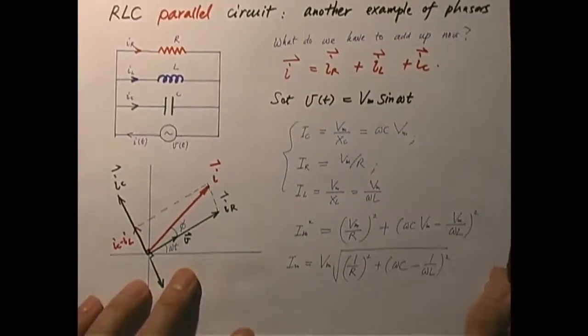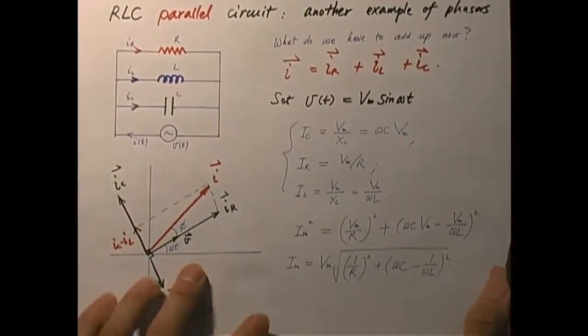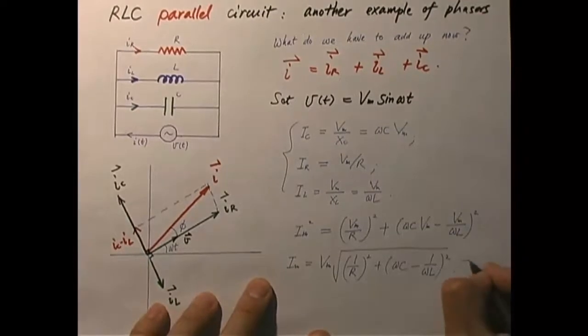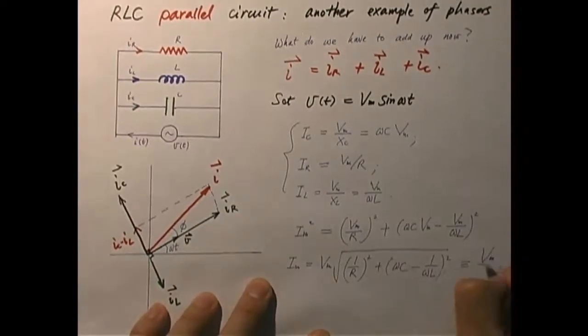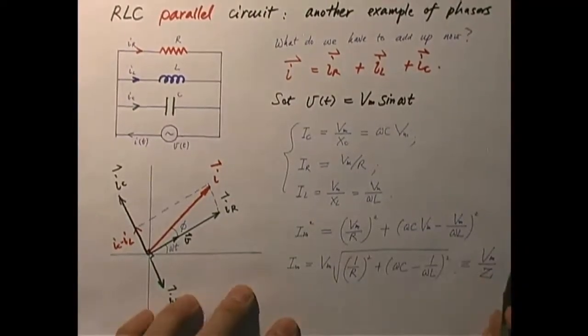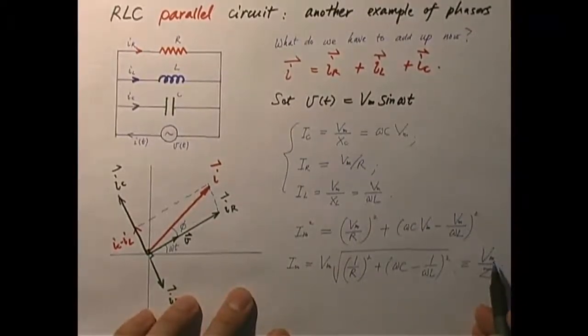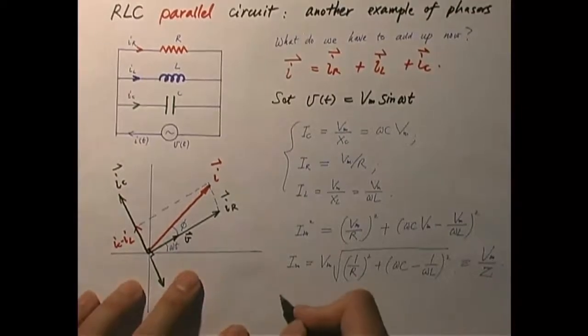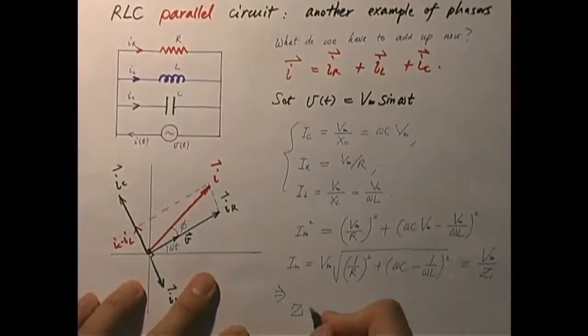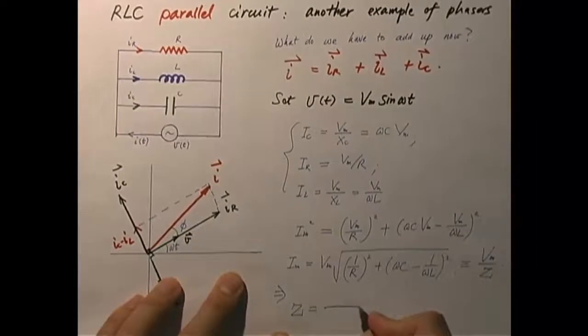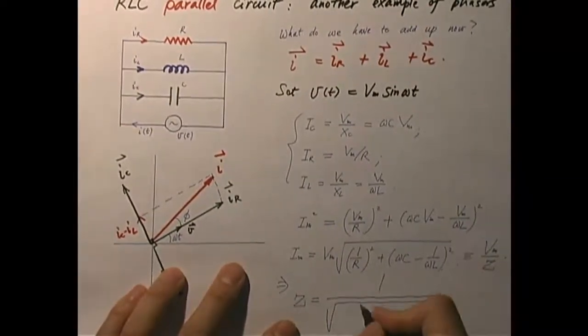So, what is the impedance Z of the circuit? By definition, impedance is defined as V maximum over I, right? Current times impedance always equals the amplitude of voltage. So Z, in this case, is the reciprocal of this expression, which is 1 over the square root of 1 over R squared plus omega C minus 1 over omega L squared.